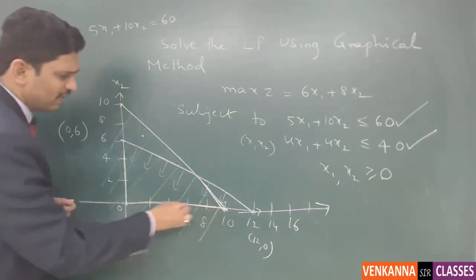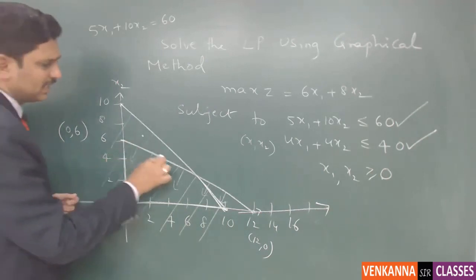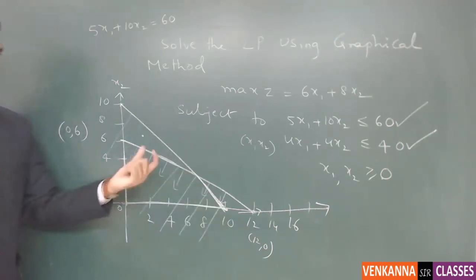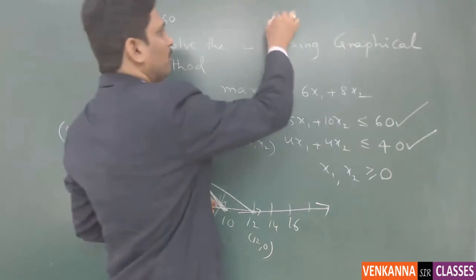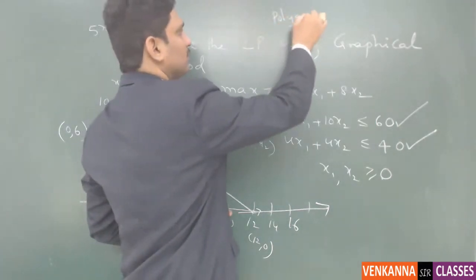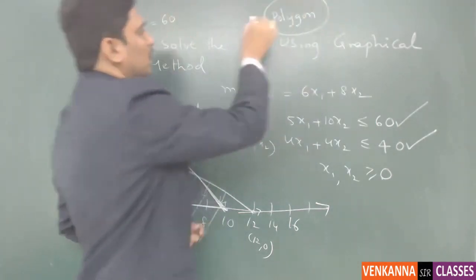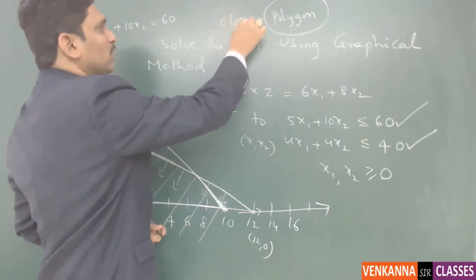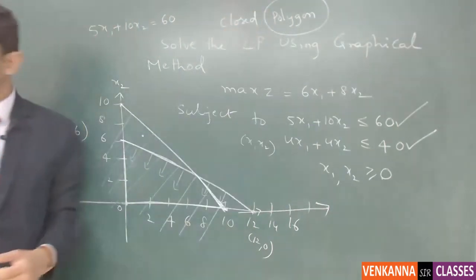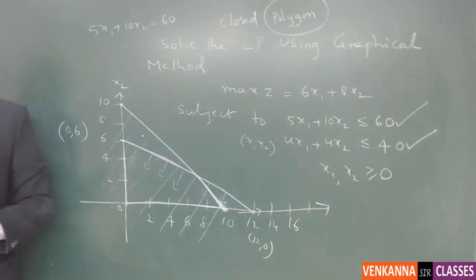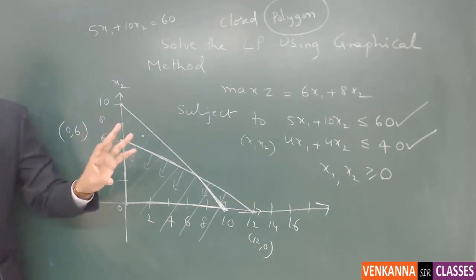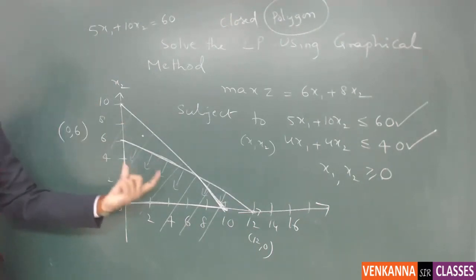So usually whenever an LP problem gets a unique solution, always you will get a polytope or polygon, a closed polygon usually. And always remember that the region always lies in the first quadrant. Why?